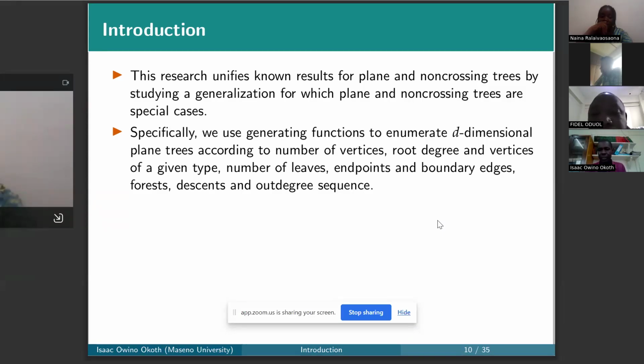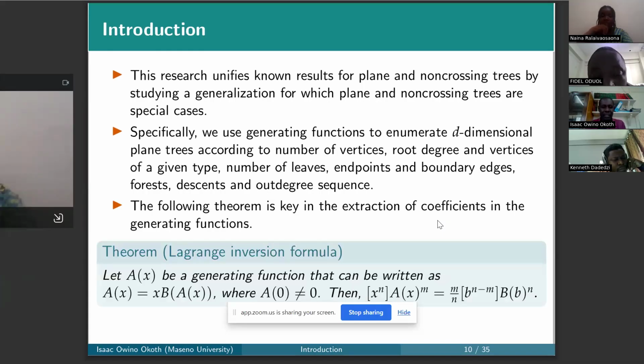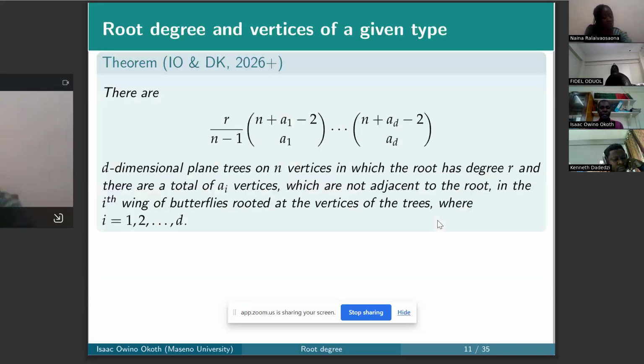We also use endpoints, boundary edges, forest distance, and lastly, degree sequence. The Lagrange inversion formula is key to obtaining our closed formulas. Most of us, if not all of us, know the Lagrange inversion formula. So I want to start with the root degree.